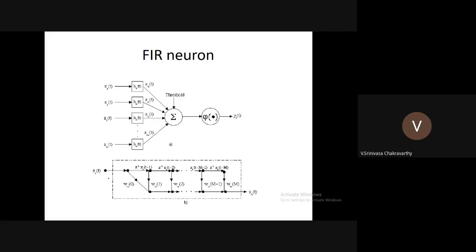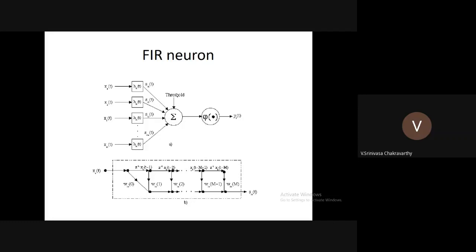Since a neuron implements a nonlinear function, the FIR neuron becomes a nonlinear FIR filter. So here what you do is you take the input signal, x of t, and time delay it at various times, and you get xn, xn minus 1, and so on. Pass them to a bunch of weights, add them up, and pass the sum through a nonlinear function.